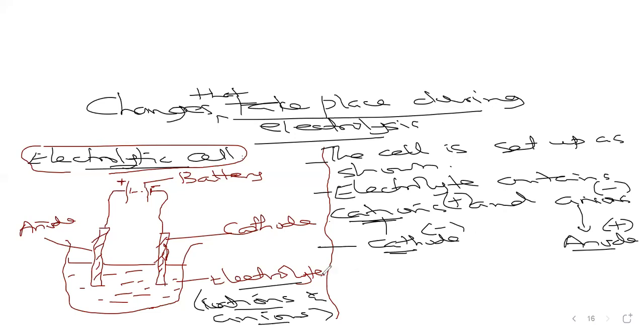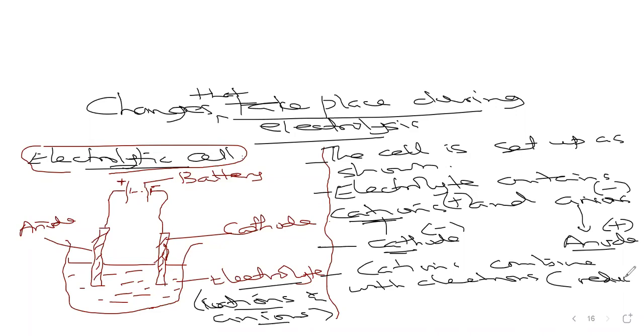What happens at the cathode? The cations combine with the electrons, or you can say are reduced to form neutral elements.